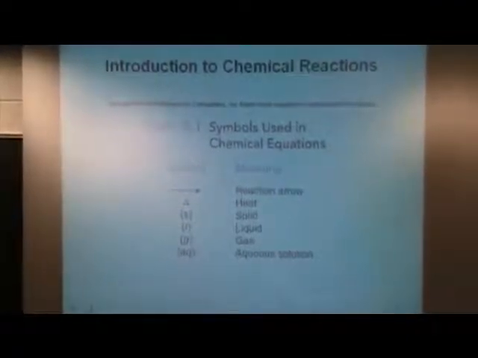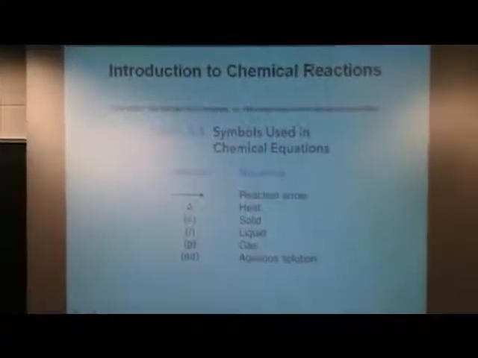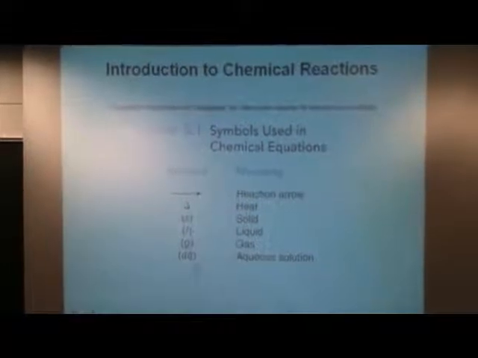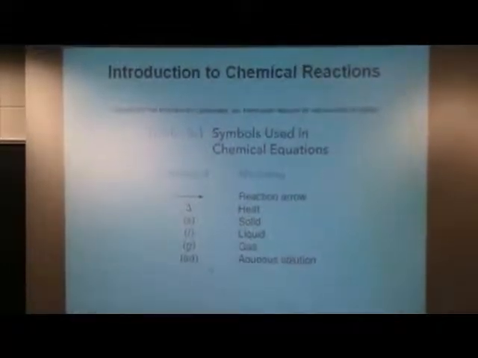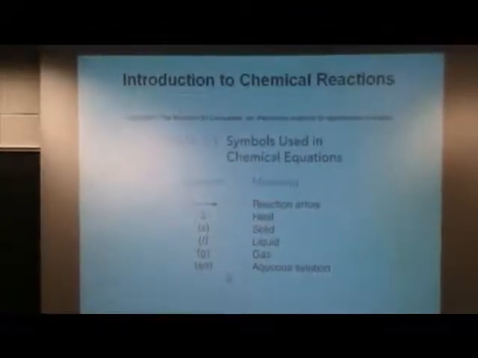If I have L, it means liquid. If I'm dealing with gases, I write G. If I have AQ, what does AQ refer to? It's a substance that dissolves in water.